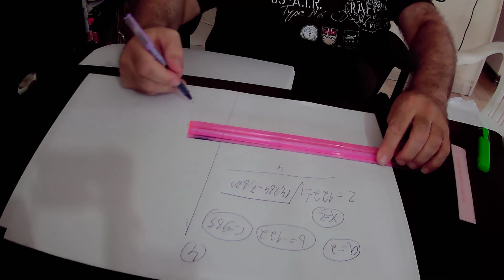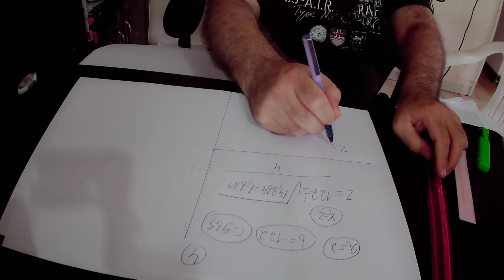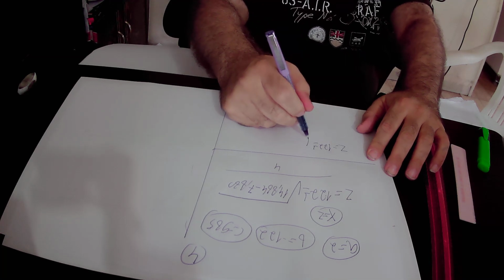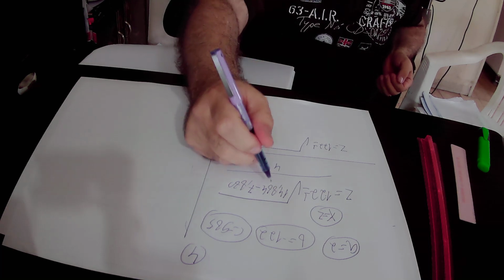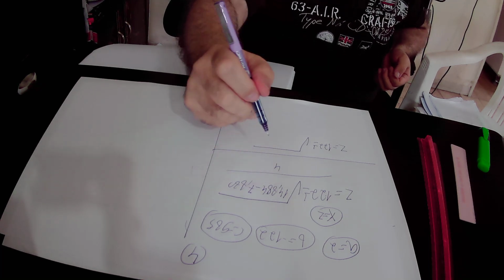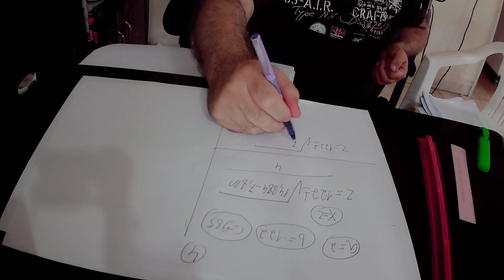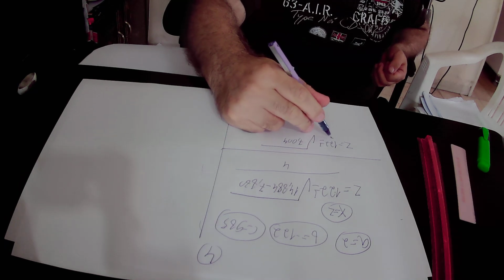In conclusion, we found that z equals 122 plus minus the square root of 14,884 minus 7,880, which is 7,004. So inside the root we are left only with 7,004, over 4.